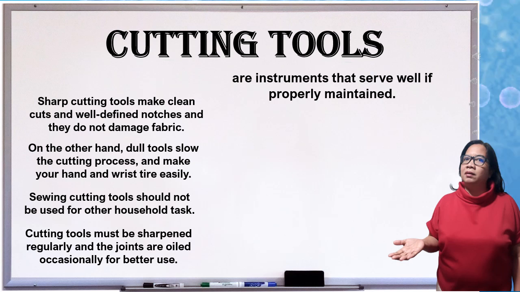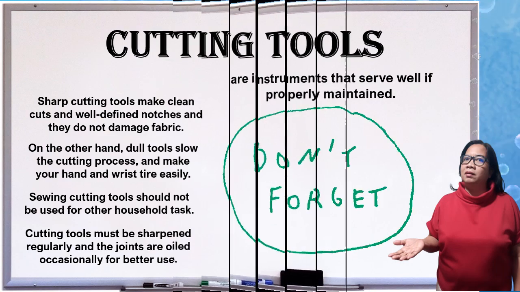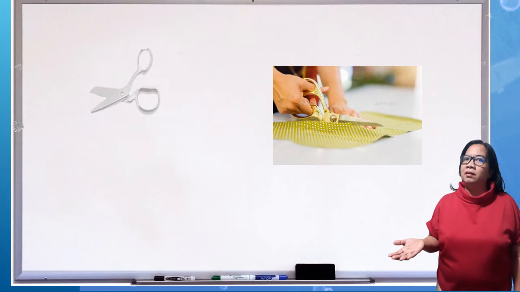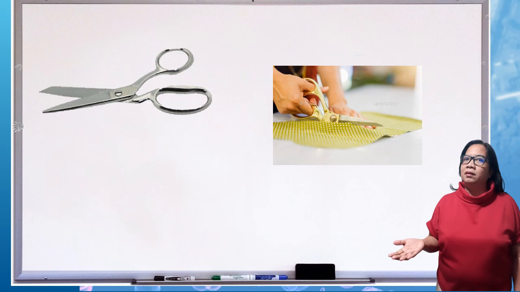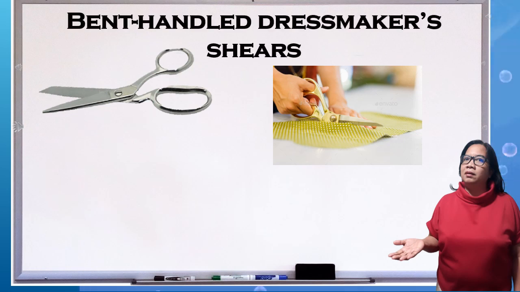Now let's move on to the different cutting tools used in sewing. Are you familiar with bent-handled dressmaker shears? So if you are thinking about these scissors, you guessed it right. This is the bent-handled dressmaker shears.